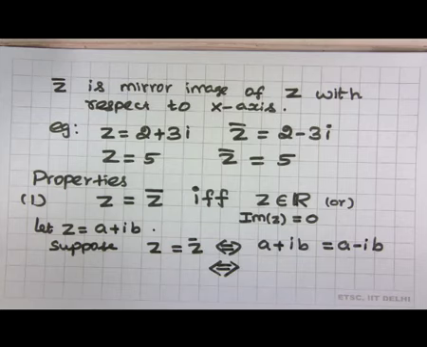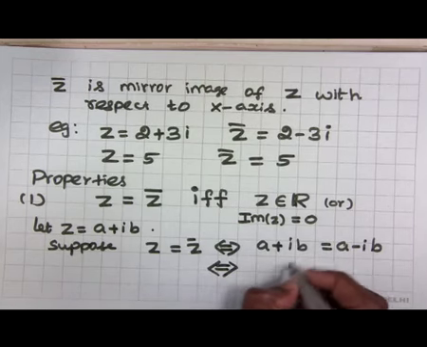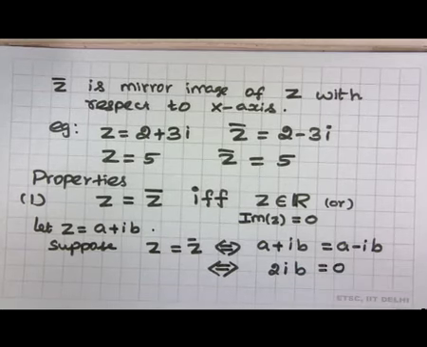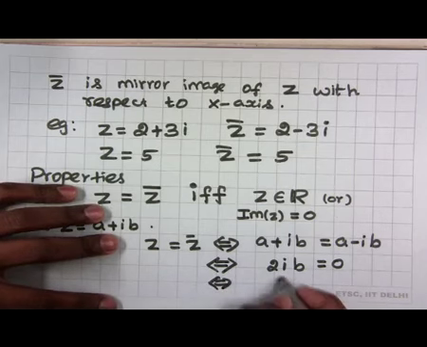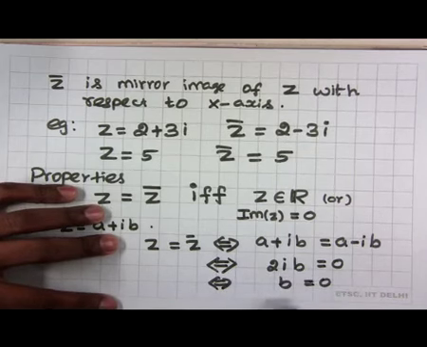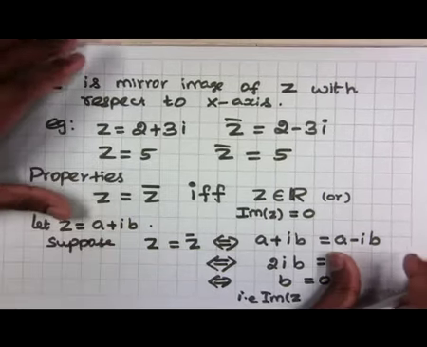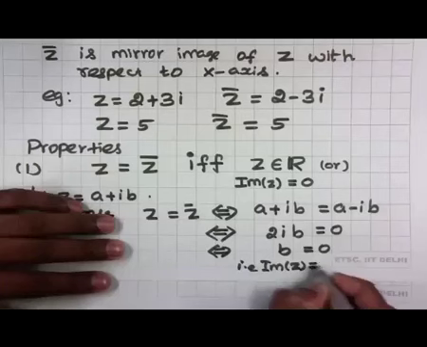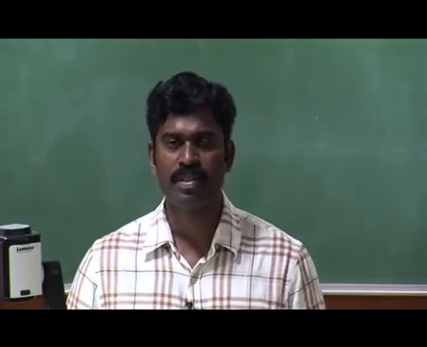The first components are anyway equal. So, by the field axiom you can cancel a, then what you get is 2 times I b equal to 0, and this happens if and only if b is 0, that is nothing but the imaginary part of z is 0.